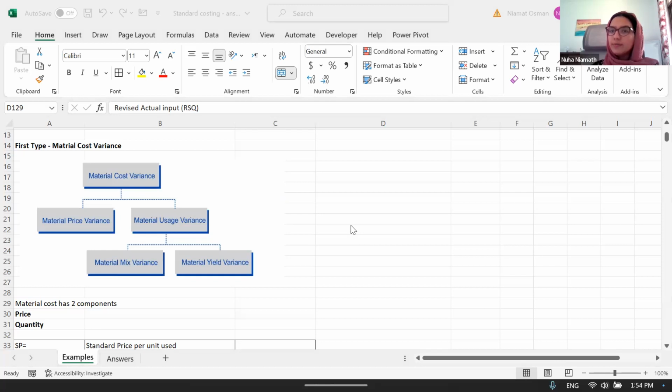Yield variance. That's correct, Taslima. Great. Okay, perfect, Jasna. So I think everybody is more or less clear with these 5 formulas.